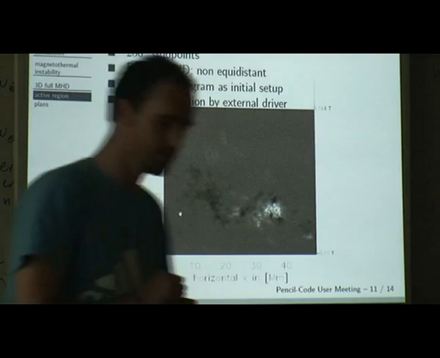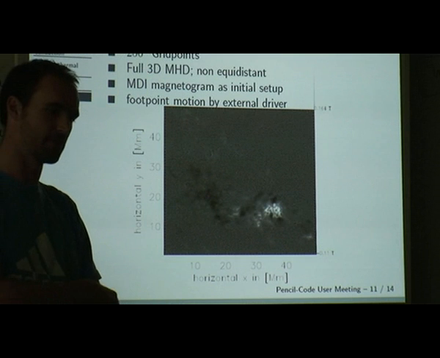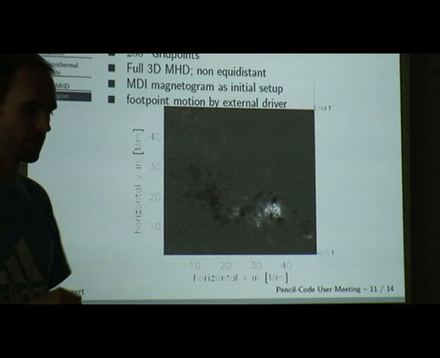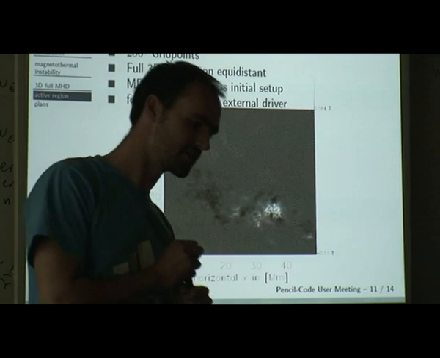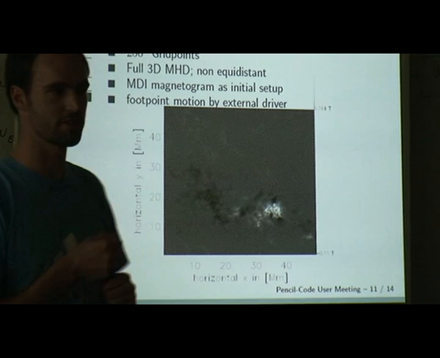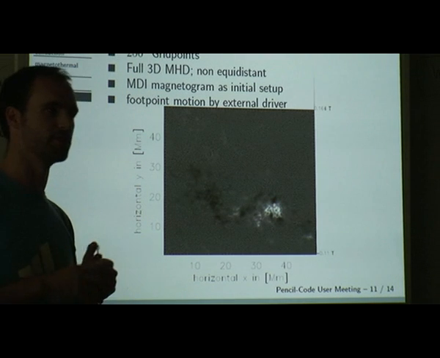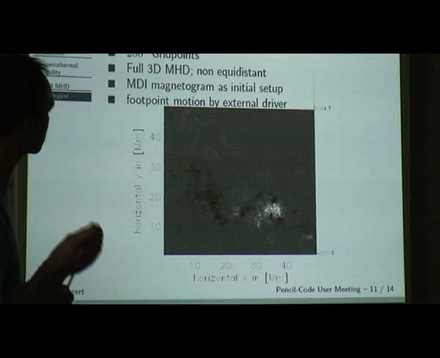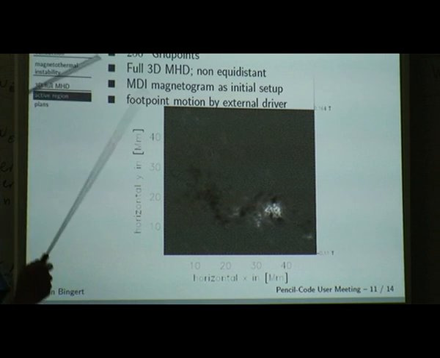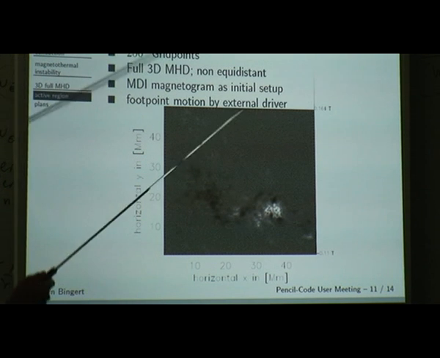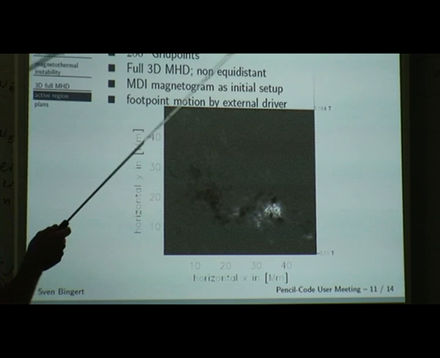I will continue with my main topic, which I know is now that the heat conduction works, and I will do the corona simulation, which is a 3D simulation. So we run a simulation with 256 cubed grid points.